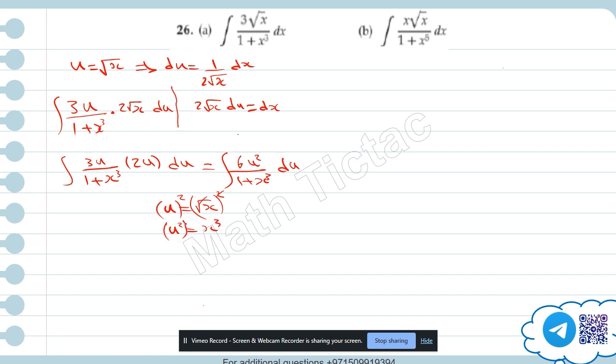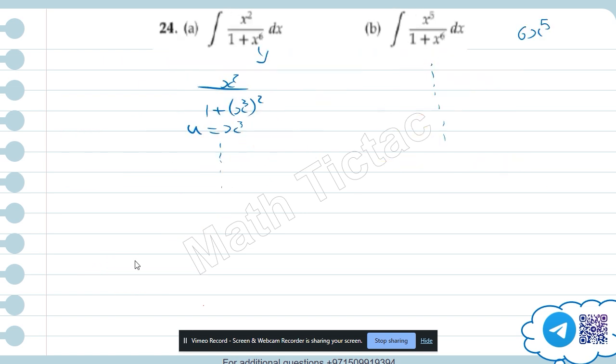Now I have the value which is x cubed. After raising this to the power 3, I can substitute x cubed by u squared to the power 3. So my integration will be 6 u squared divided by 1 plus u to the power 3 to the power 2, du.